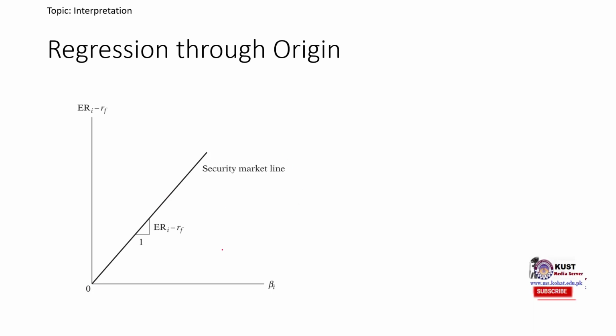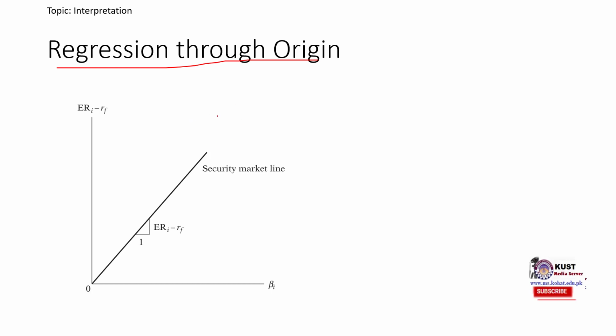So in these types of models where theory suggests that there would be no constant or alpha term or y-intercept term, in those cases we would have a regression through origin.